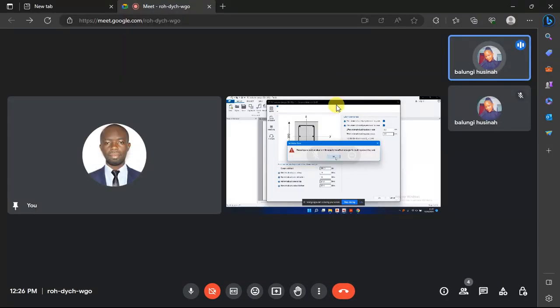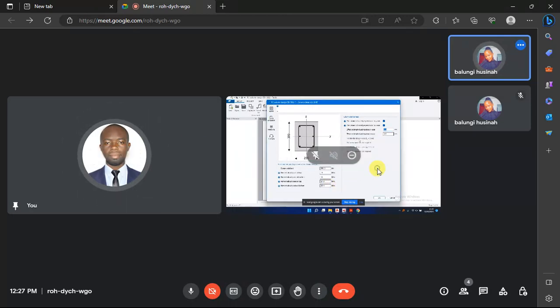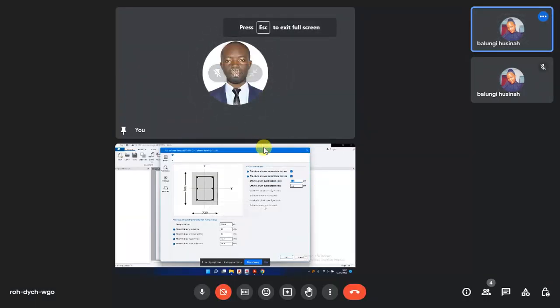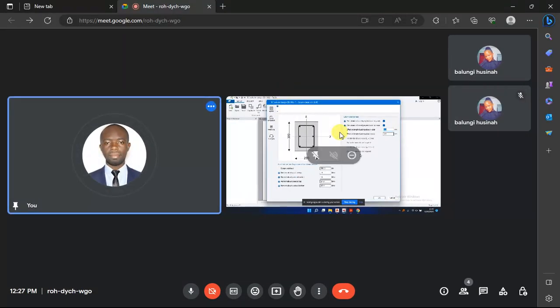Please input a positive value in millimeters for the effective length, the y-axis. Positive value? I have a challenge. I'm not seeing your screen properly, but I will sort it out. You're not seeing my screen?